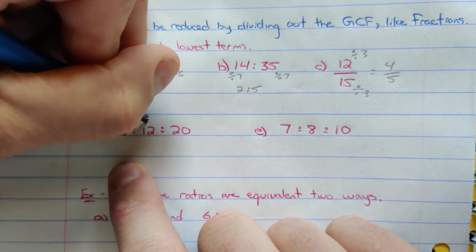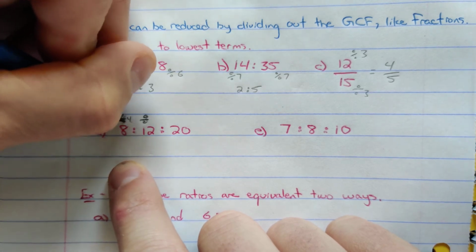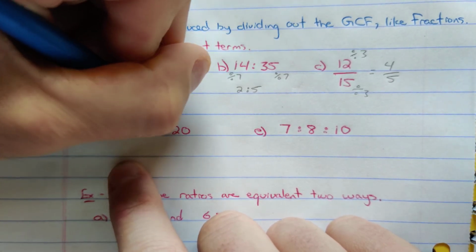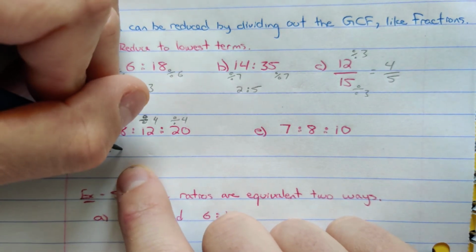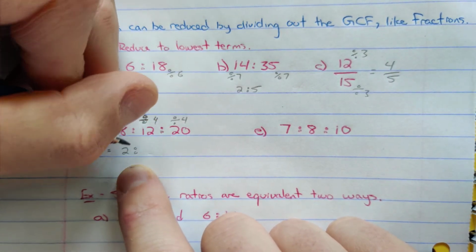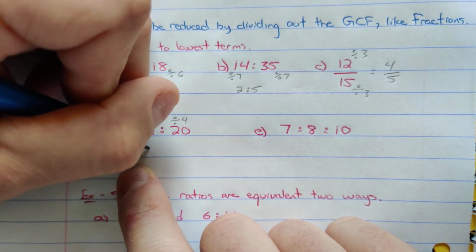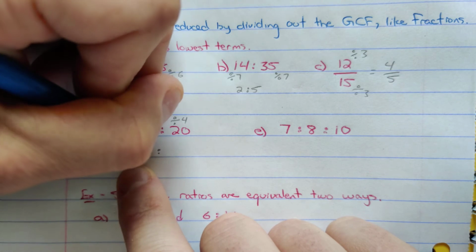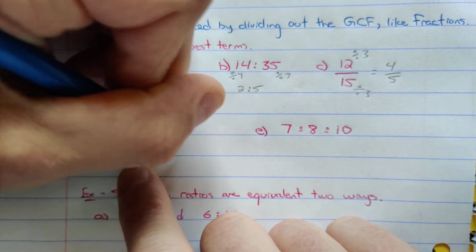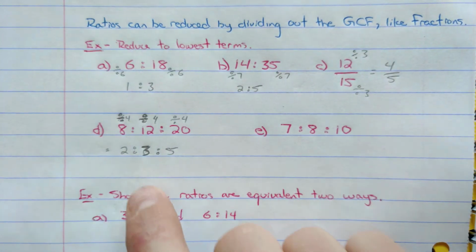It's not percent, divide. Divide by 4, divide by 4, and divide by 4. So we're going to divide everything by 4. We're left with 2 to 3 to 5.